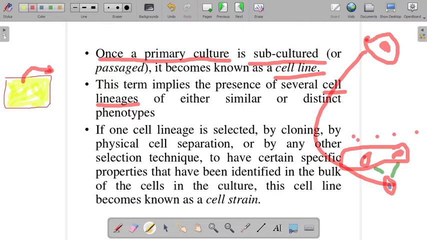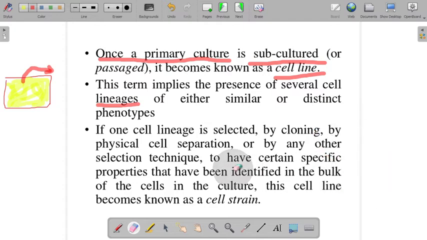So whatever cells come after cell divisions, whatever cells are present up to the 64th generation, we can say that they are from the same cell lineage, so they share the same lineage, right? That's what we call lineage. I hope you have cleared your concept over here. Then take an example, that's why here it is written either similar or distinct phenotype.